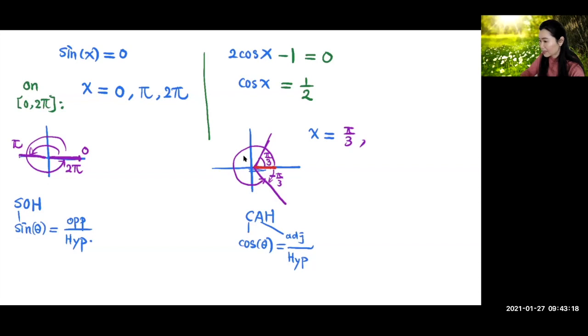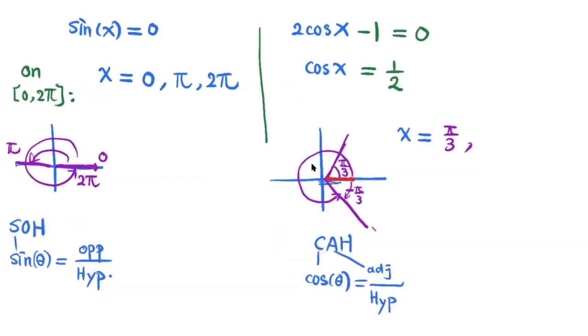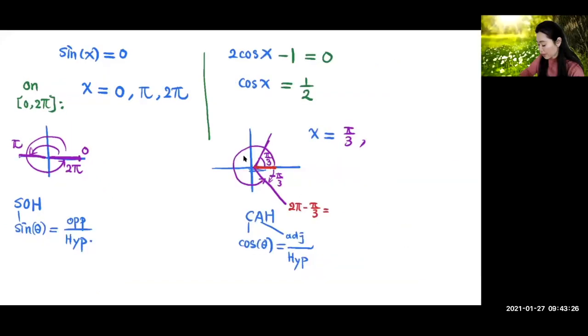That will be what? 5 pi over 3? Yes, it's 2 pi minus pi over 3. So 5 pi over 3, that's another angle whose cosine is equal to 1/2, and it is inside the 0 to 2 pi. So now I think we got all of them. You put this one and this one together, so that will be the answer.